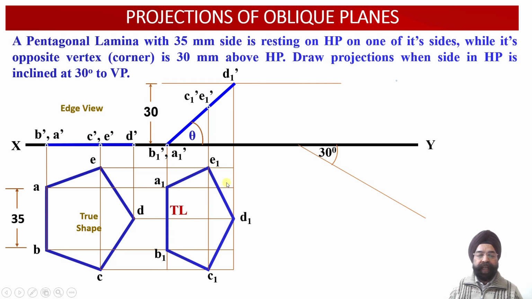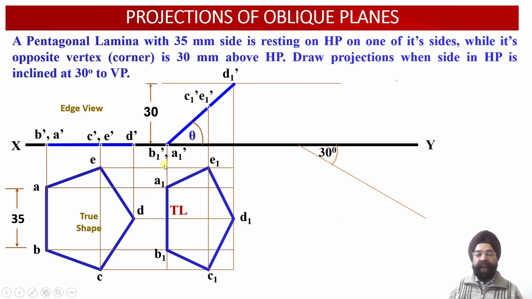Now we have to rotate this top view projection in such a way that it aligns with this 30 degree orientation line. So here you can check, we have drawn at an angle of 30 degrees an orientation line or a projection line to begin with.